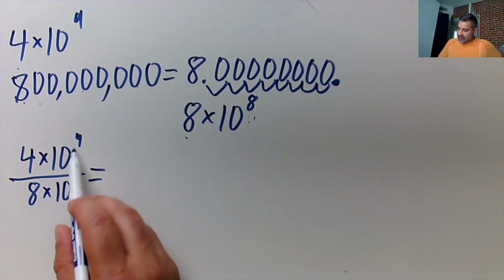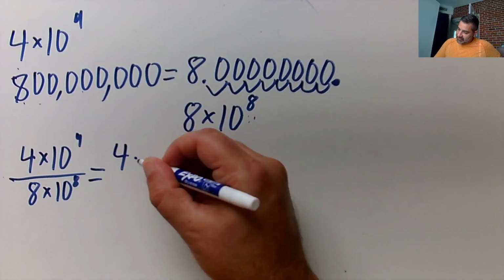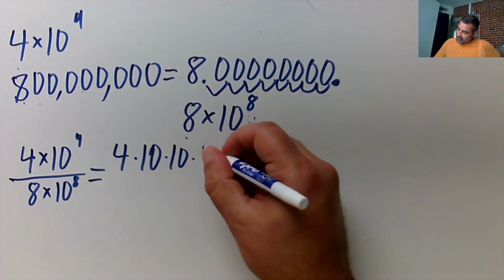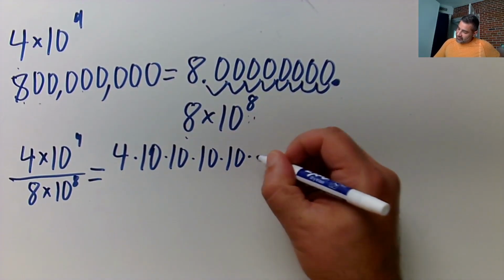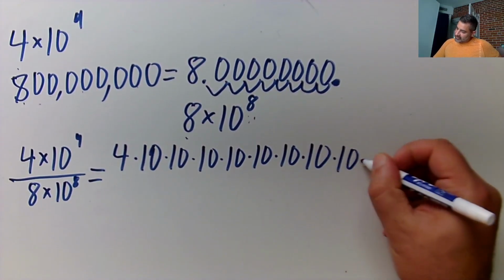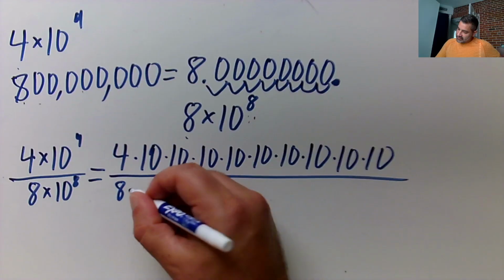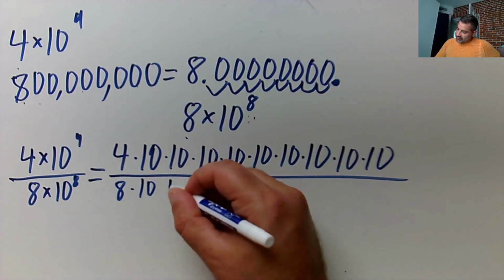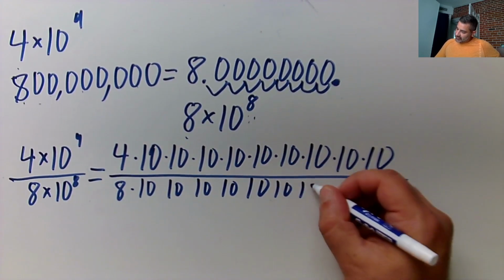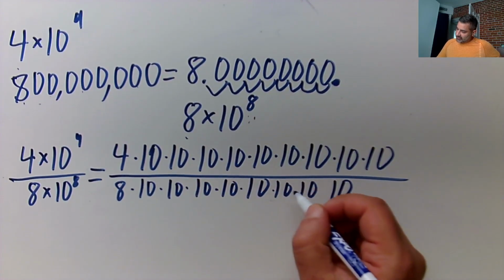And so 10 to the 9th power means we have 9 tens being multiplied by each other, divided by 8 times 8 tens, all multiplied by each other.